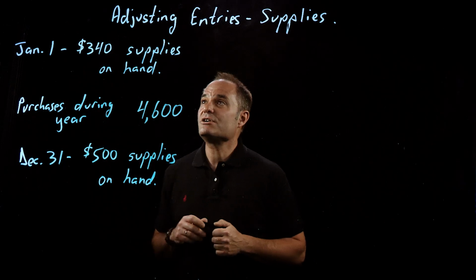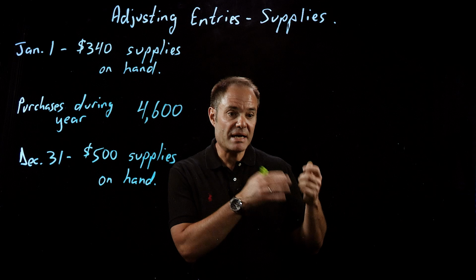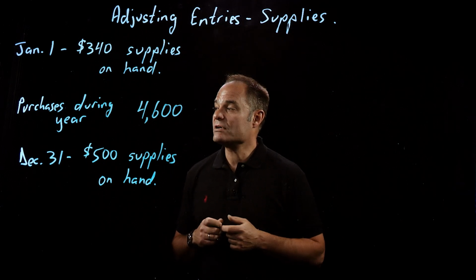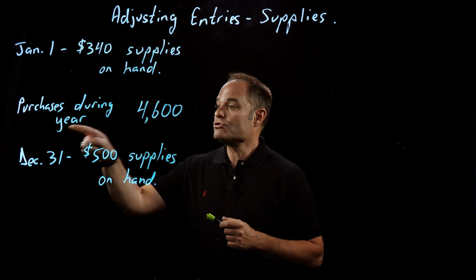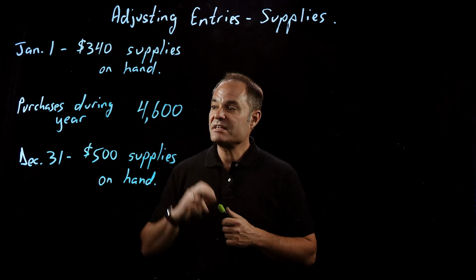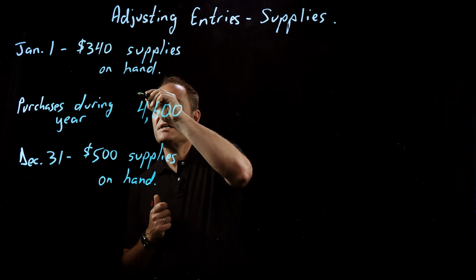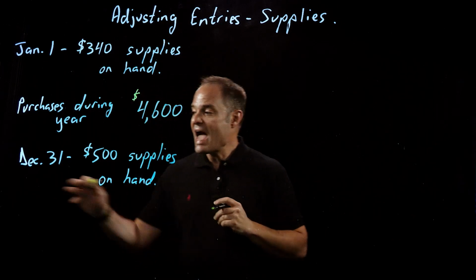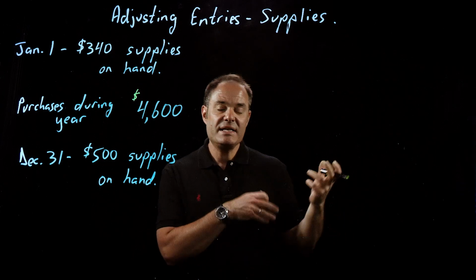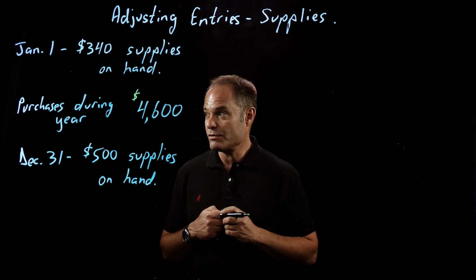So they counted up all their pens and paper and determined there was $340 worth. During the year, they kept all their receipts, added them up, and found that they had purchased $4,600 worth of supplies throughout the year. And at the end of the year, they again counted it up, and there was $500 of stuff left over.